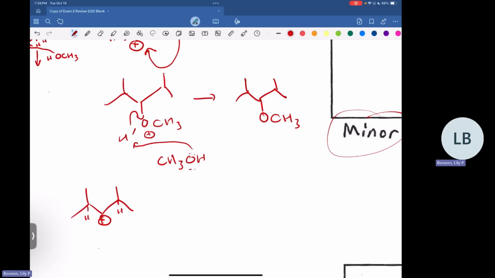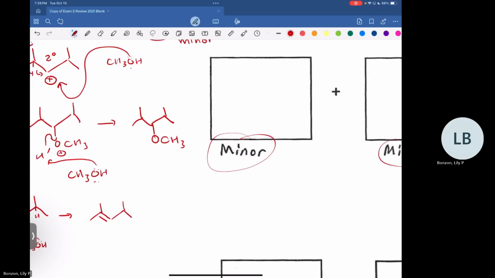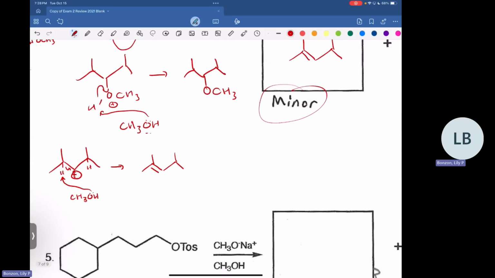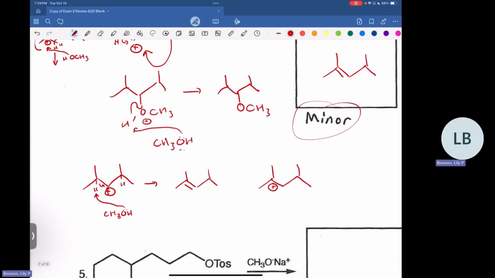So get my base here. This is going to deprotonate that hydrogen, and that's going to shift in to form the double bond. So that's going to be one of our products. And again, if it can rearrange, it will. So we're just going to start from here after the hydride shift.